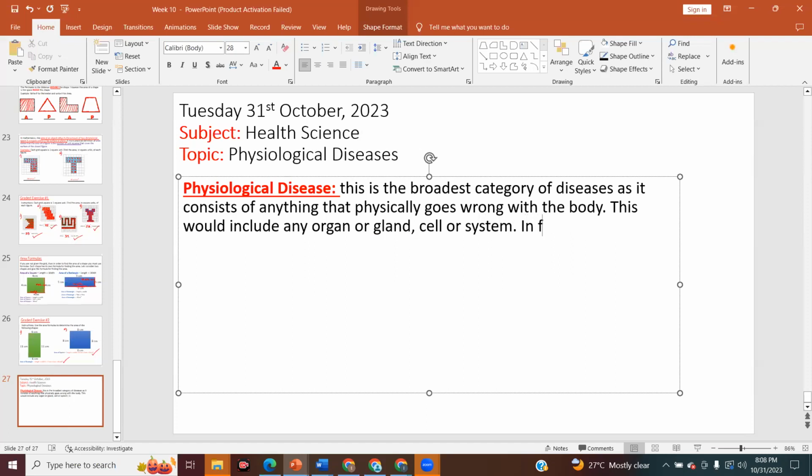In fact, all other diseases except those that affect the mind fit into this category.